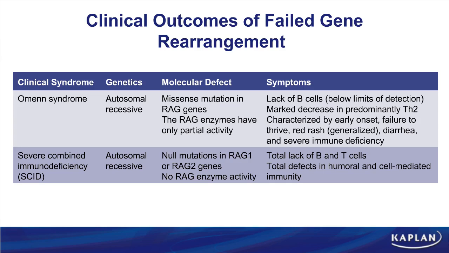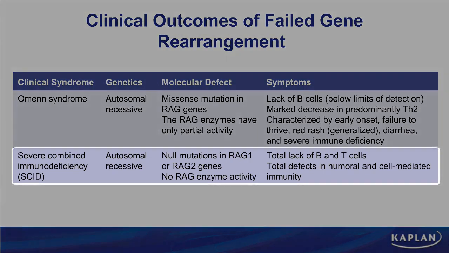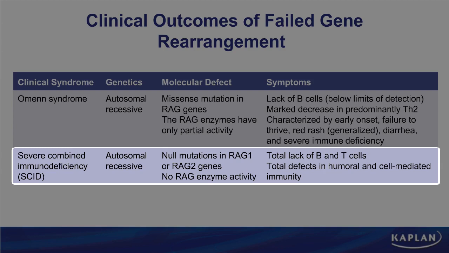So we're going to start at the bottom of this table and look at one form of severe combined immunodeficiency, which is the result of null mutations in RAG1 or RAG2, where those enzymes have no activity within the recombinase. This gives us severe combined immunodeficiency disease because if we don't generate B and T cell receptors, none of those cells get selected and we have no B cells and T cells to protect the host.